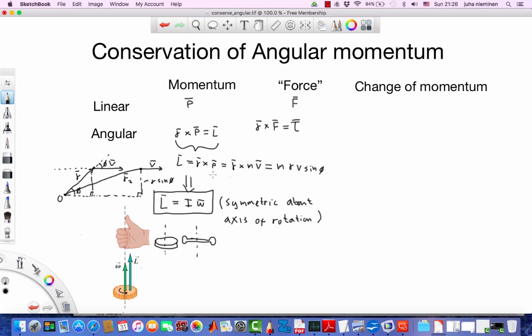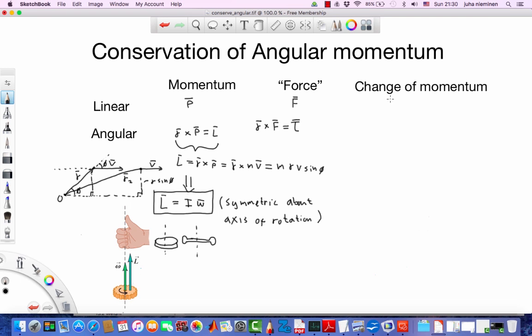So in fact, the magnitude of the angular momentum here doesn't change. It looks like, at least in this special case, the angular momentum is conserved if we don't do anything to the particle.